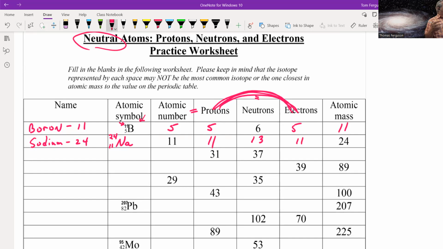No exceptions. If you hear the word neutral, or if you don't hear it, in this class you can assume it's neutral. I will always tell you if it's an ion, always. Because you have to know the charge to determine the number of electrons, just like her question at the beginning of class. How do you tell the number of electrons?